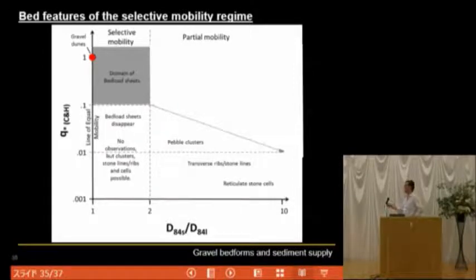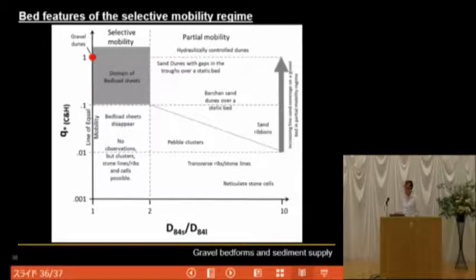Because based on Church's and Hassan and Church's papers, they describe a situation where first you get pebble clusters formed, then ribs, and then stone lines. In fact, Hassan and Church did some experiments where they then reintroduced sediment supply to the channel, and it basically went back this way, right? Where you got really well-developed stone cells, you started breaking them up and just getting clusters.